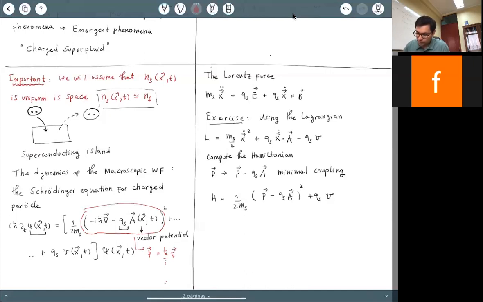This is what we use here. I leave this as an exercise: using this Lagrangian, compute the Hamiltonian, and you will see that this minimal coupling appears.